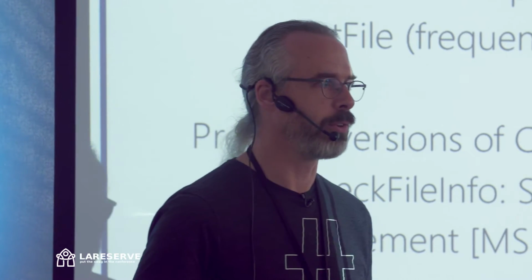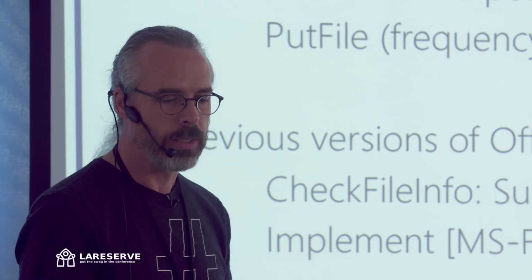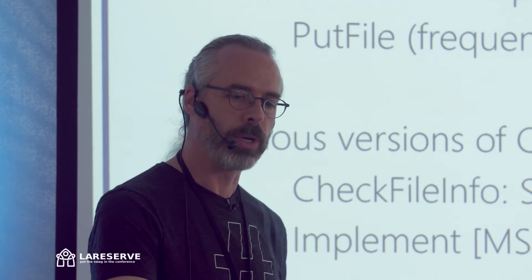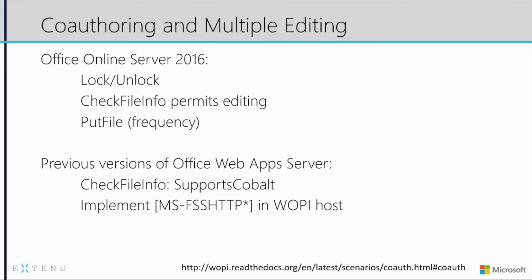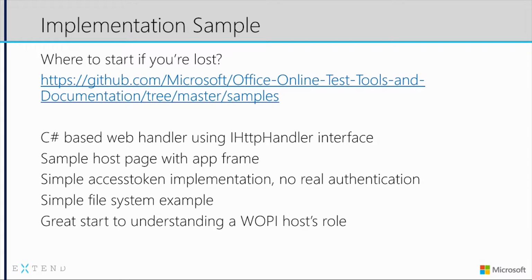So in previous versions, in check file info, you'd have to return a parameter called supports Cobalt, and then implement this entire FSS HTTP in your WOPI host. Okay. And then there is an implementation sample that you can start out with if you're building a WOPI host. This sample is on GitHub.